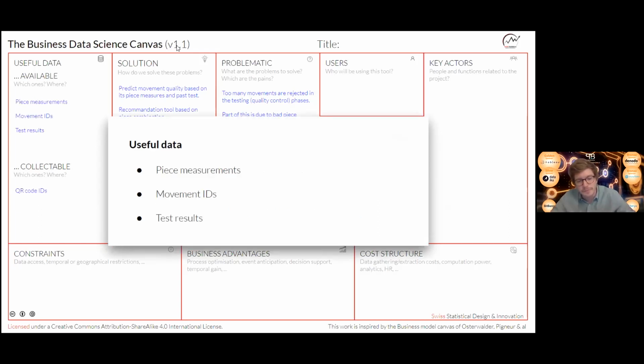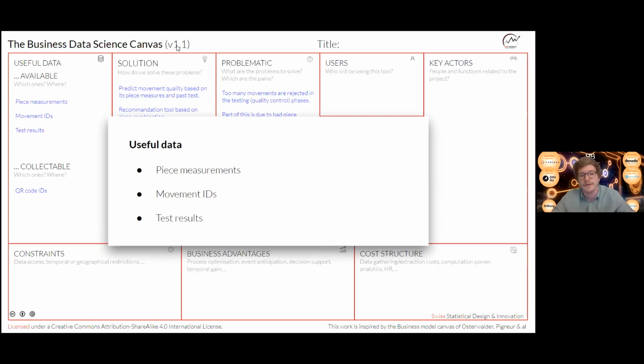In order to build the solution, we need data, obviously. And here is the part where we list them. We can detail them and see which ones are available, which are collectible, or maybe simply unavailable. As a data scientist, maybe you already have experienced being surprised by which kind of data could be missing. We need piece measurement, movement ID, test results.